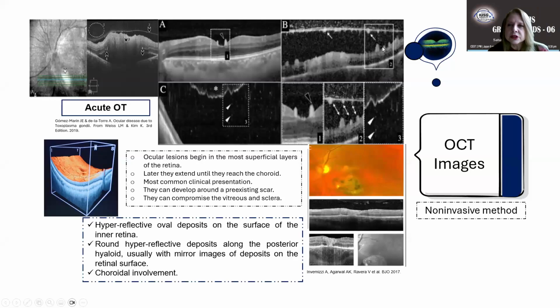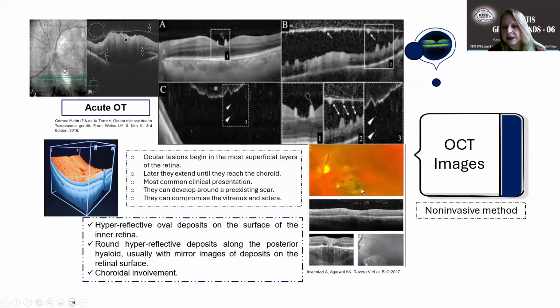You can see here some examples of typical findings in OCT. You can observe here hyperreflective oval deposits on the surface of the inner retina, and round hyperreflective deposits along the posterior hyaloid, with mirror images of deposits on the retinal surface, and also choroidal involvement.